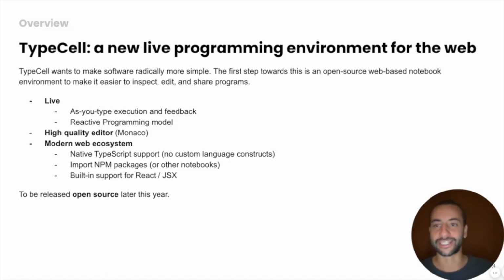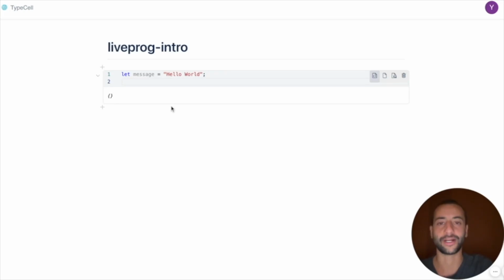All right, enough said. Let's explore what TypeCell looks like. I'll first focus on the basics, and later on I will explore some of the more advanced capabilities and possible directions for future work. All right, so here we have a basic TypeScript cell in the TypeCell environment.